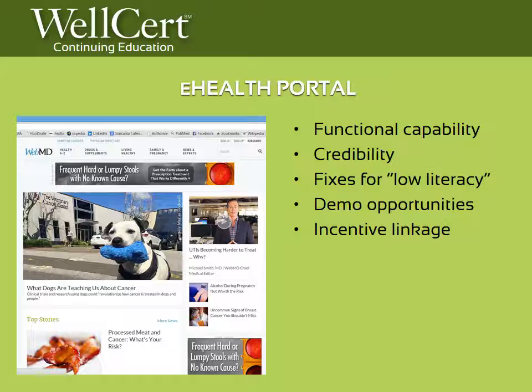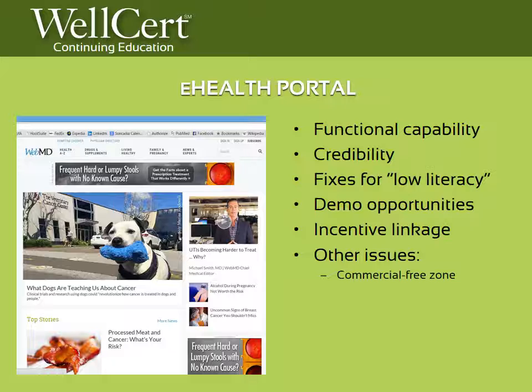So if we have not done very good demos and we haven't really focused on the functional needs or the functional capability that the individuals have and the site can provide, and we haven't done much to connect it to incentives, it's not likely to be very used. Other issues are going to include the commercial-free zone. That's a problem when you start using websites like WebMD.com, which you can see from the sample of the screenshot.